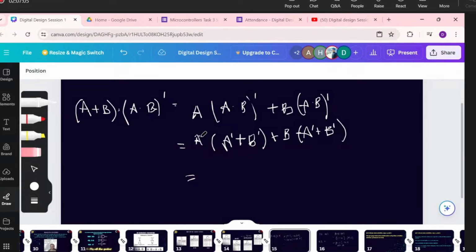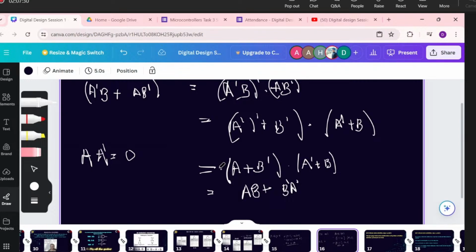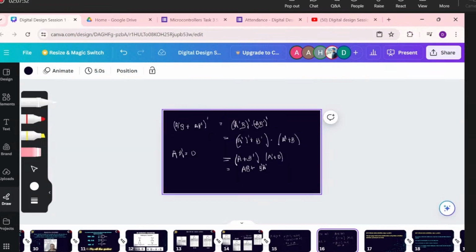Okay, so a prime will be 0 and I'll be left with ab prime from the first part and ba prime, and bb prime is 0. So when I take prime of this term, I'll get XOR and XNOR, for which the proof I have already written in this slide. Hope I'm clear with that.